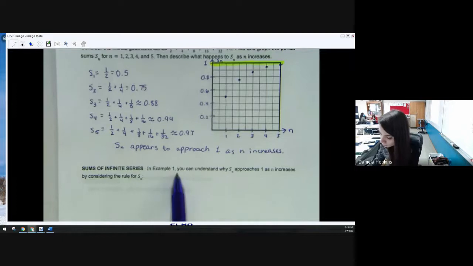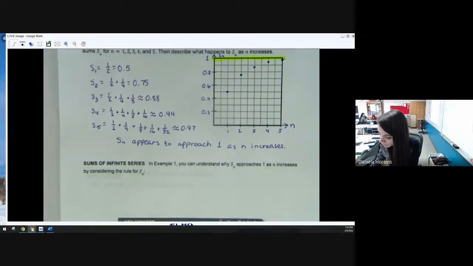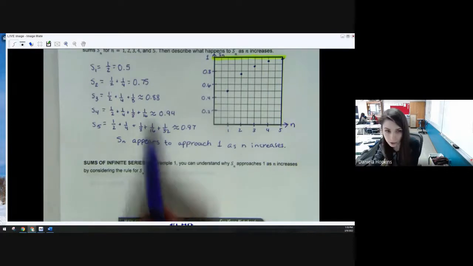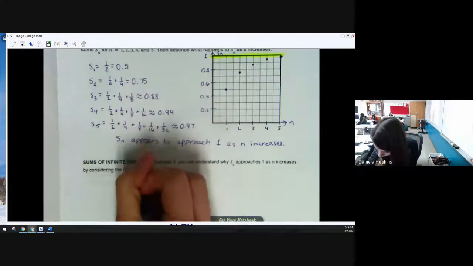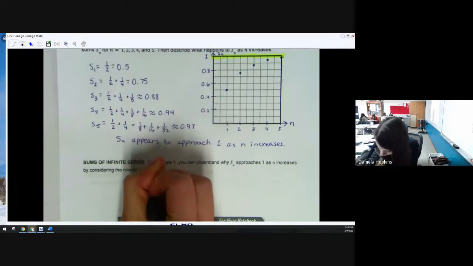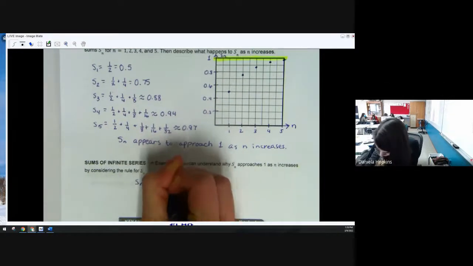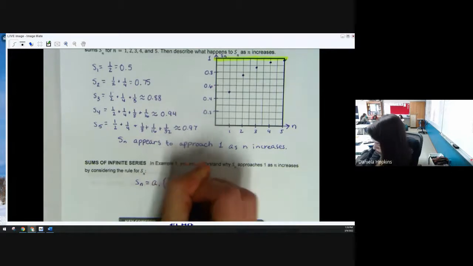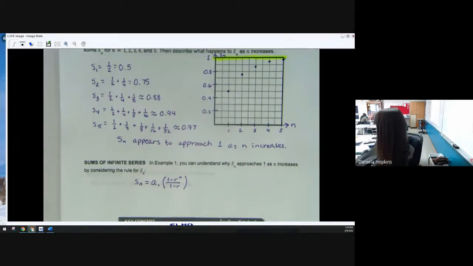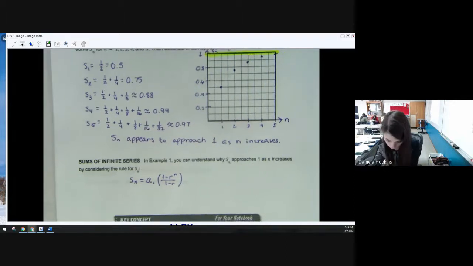So again, your book has a more in-depth explanation, but let me just show you some of this. In example 1, you can understand why S sub n approaches 1 as n increases by considering the rule for S sub n from this example. If we were to write a general rule, it'd be S sub n equals A1 times 1 minus R to the n over 1 minus R. This was our formula in the last section for a finite geometric series.